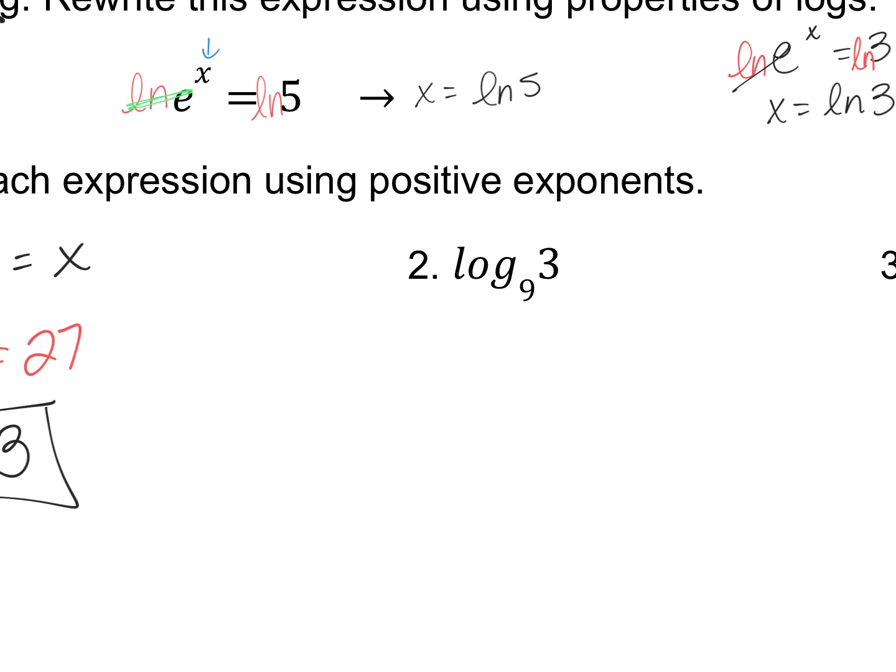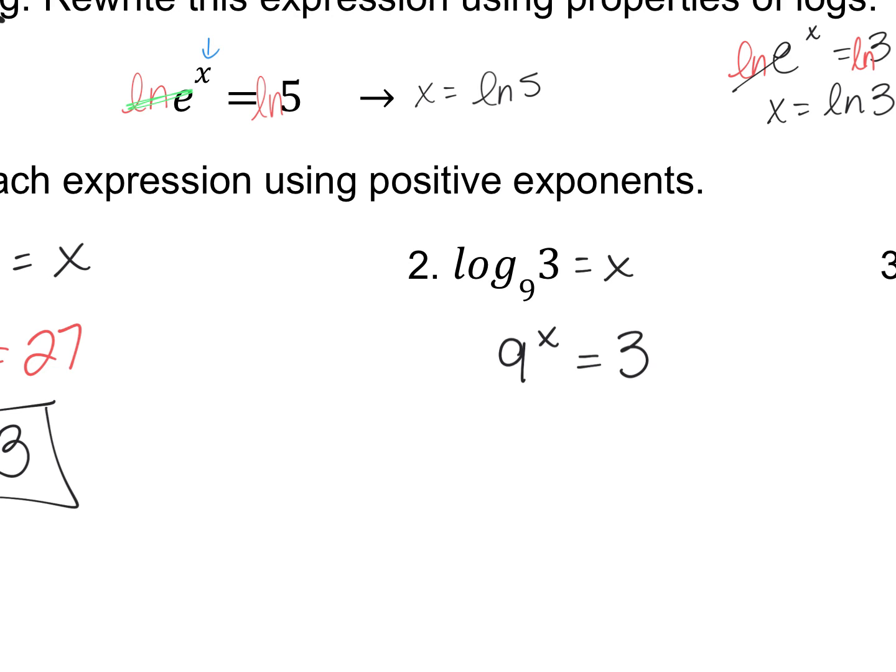Okay, log base 9 of 3 is equal to x. So 9 to the x power equals 3. Well, this one's a little bit trickier, right? 9 to the what power is going to equal 3? The only way I can think of to get from 9 to 3 is by taking a square root, right?